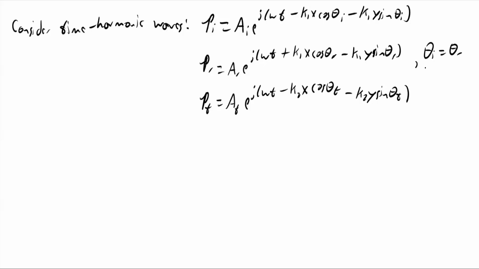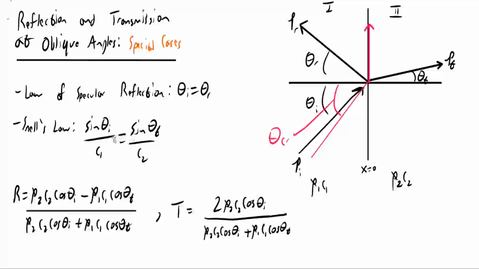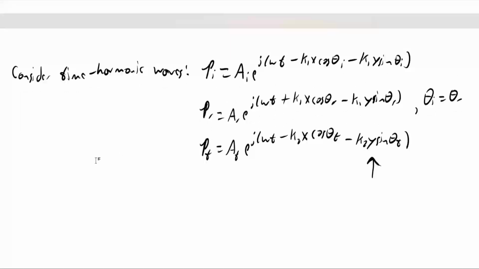So then we can begin to manipulate these equations here by first noting what I've written here, that theta I is equal to theta r, as we showed previously for the law of specular reflection. We can also change this portion of the exponent by recalling Snell's law, and noting that we're at a constant frequency.